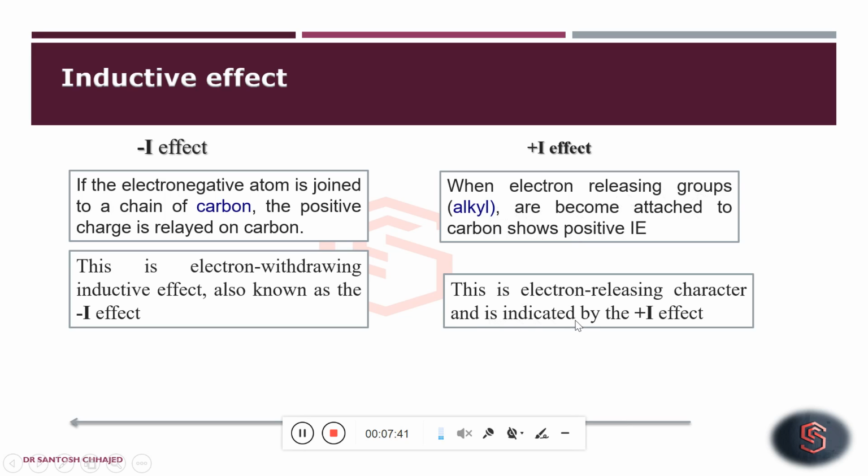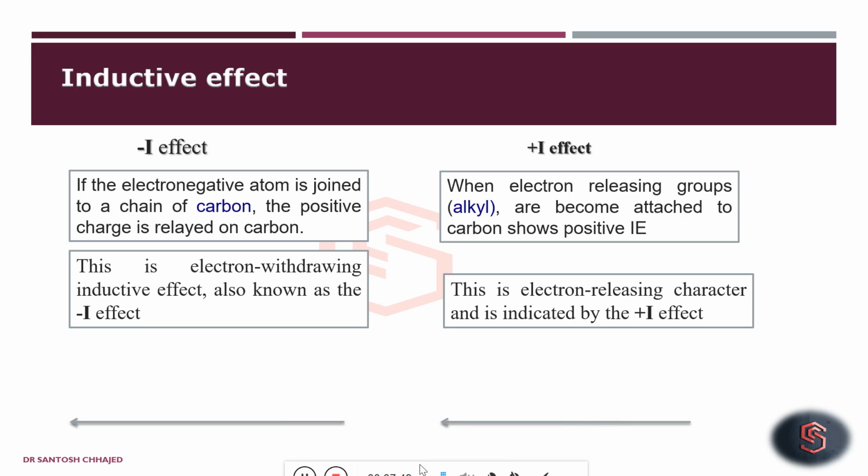This is electron releasing character and is indicated by plus I effect. That is the basic difference between electron releasing and electron withdrawing, and based upon that this effect is categorized as minus I and plus I effect.